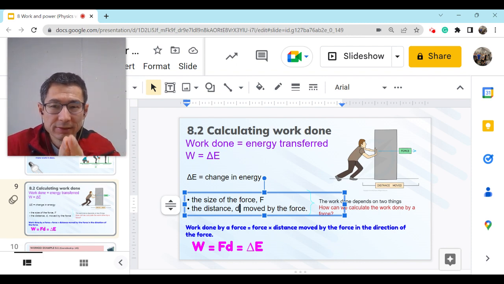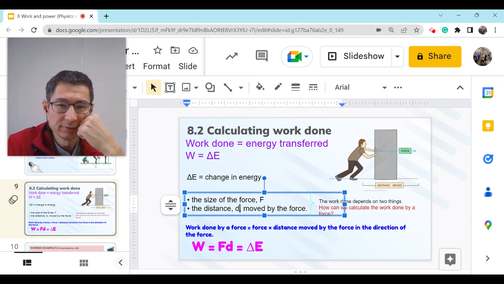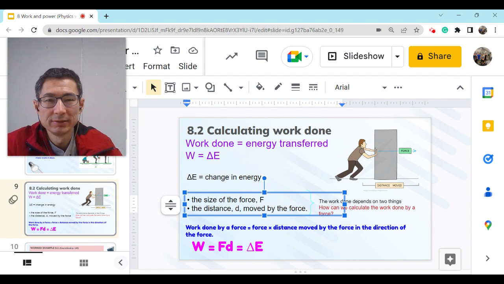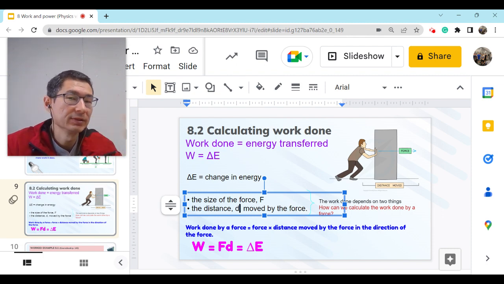So in physics, again, a reminder: work done does not mean earning money, as in common language, but it means force times the distance.